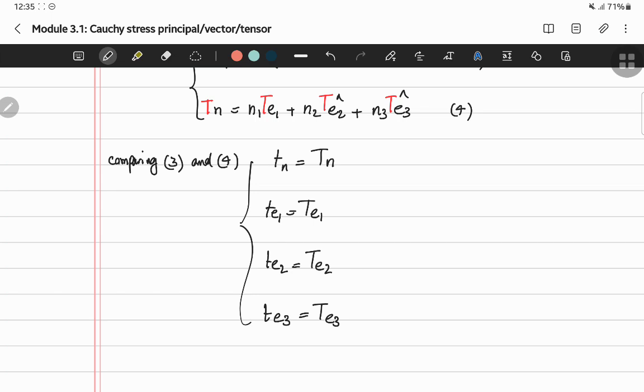So therefore, we can conclude that T is a linear transformation.